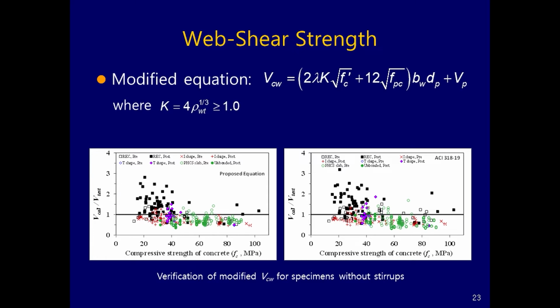And you see that this modification actually improves a little bit on the original ACI 318-19 web shear strength equation.